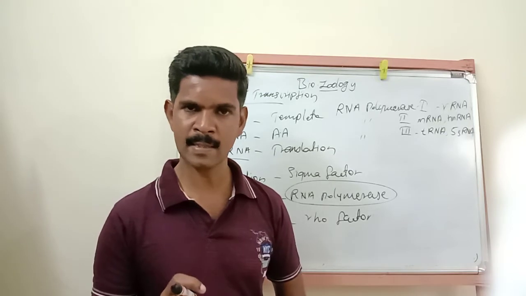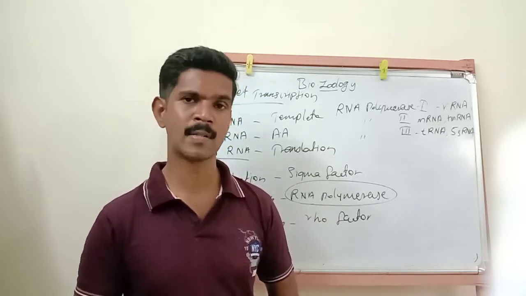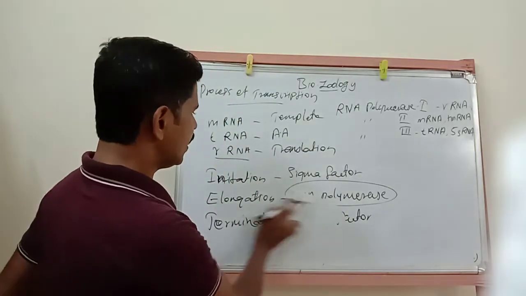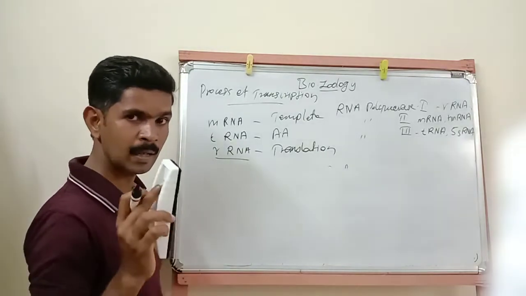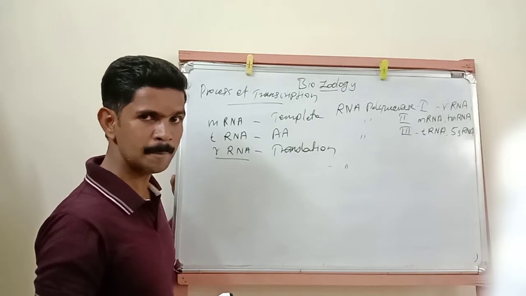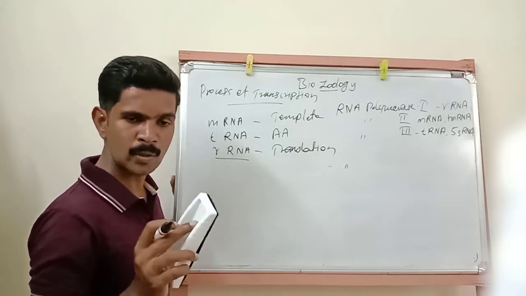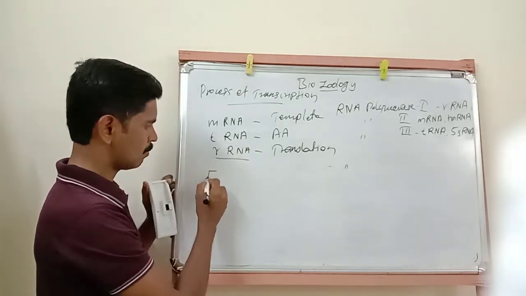Structural genes are two types, monocistronic and polycistronic. In a monocistronic structural gene, some interrupted sequences are there. I am repeating this point. These interrupted sequences are called exons.